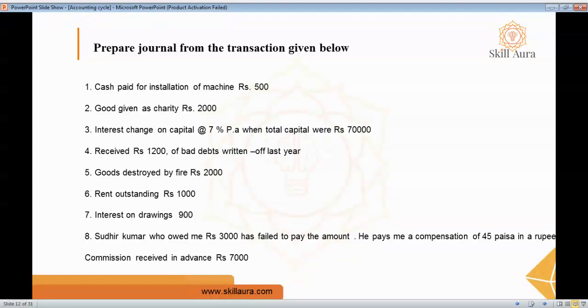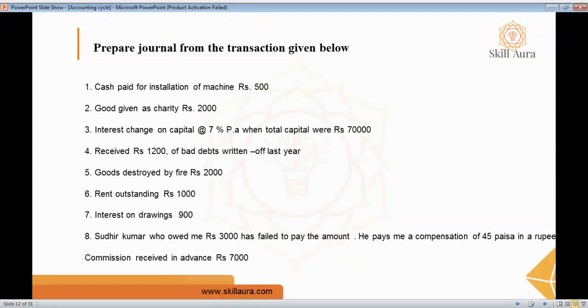The next transaction is Sudhir Kumar, who owed me 3000, has failed to pay the amount. He paid me a compensation of 45 paisa in a rupee. So here it is related to two debit accounts and one credit account.